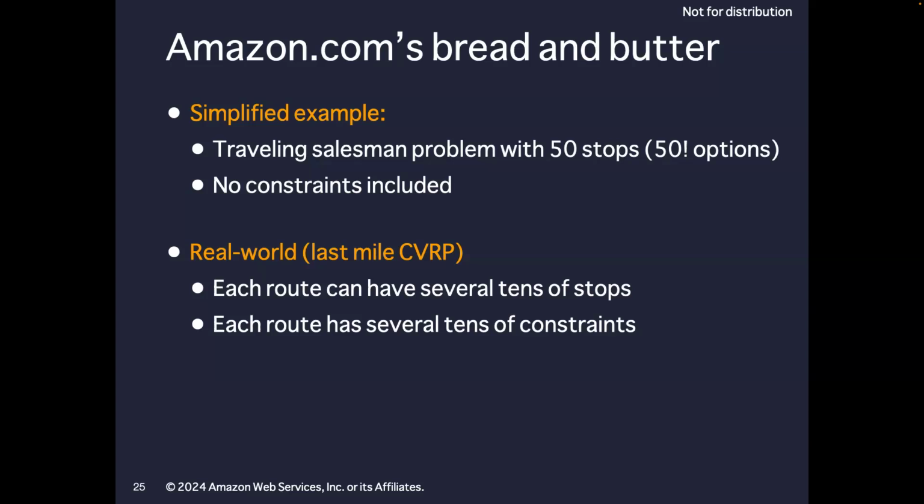So, for example, does anybody know how Amazon sorts products in warehouses? Any ideas? Completely randomly. And the reason is very simple. A random walk is always going to be square root of n steps away.